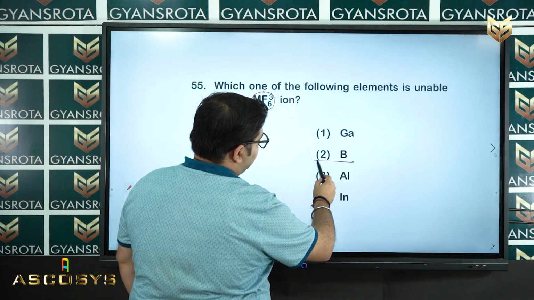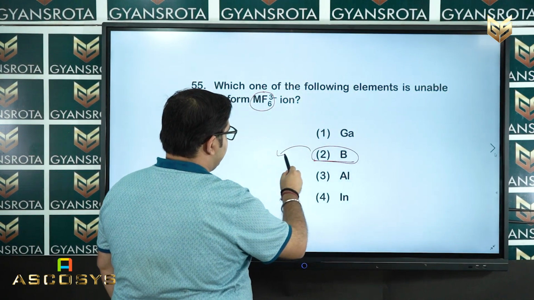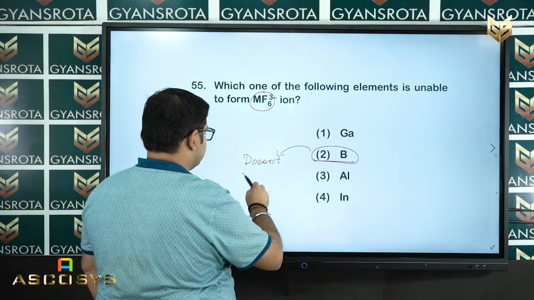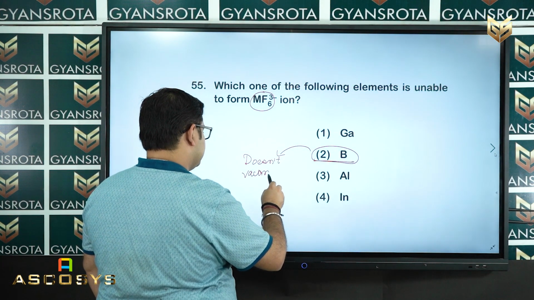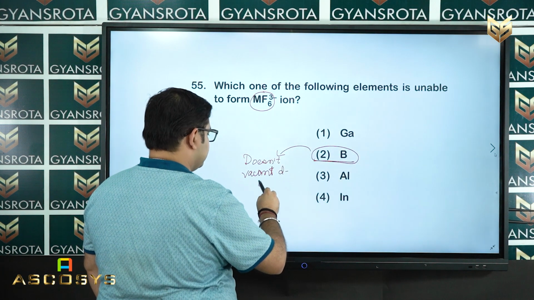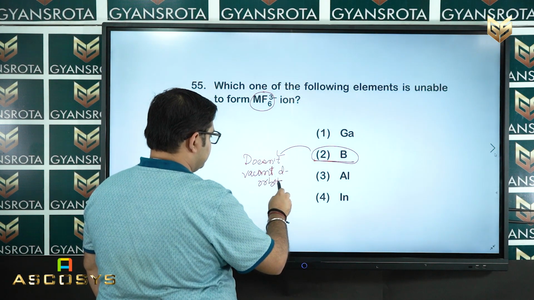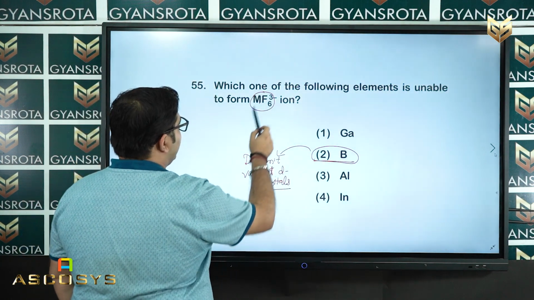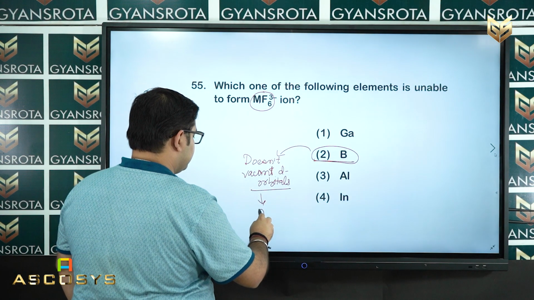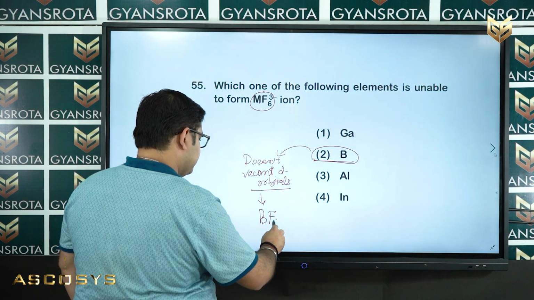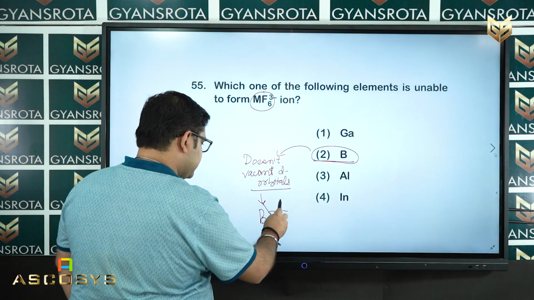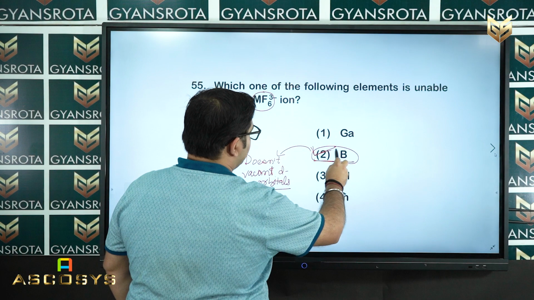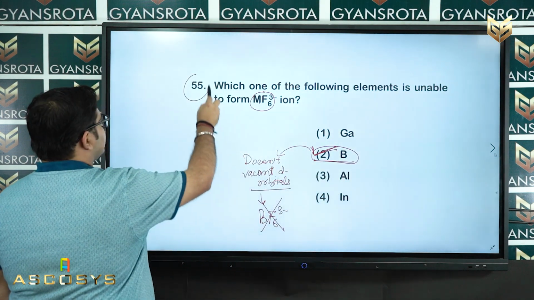So, this boron does not have vacant d orbitals. So, it is not possible for boron to form BF6 3-. So, this structure is not possible. So, your correct option is option number 2, which is the answer of your question number 55.